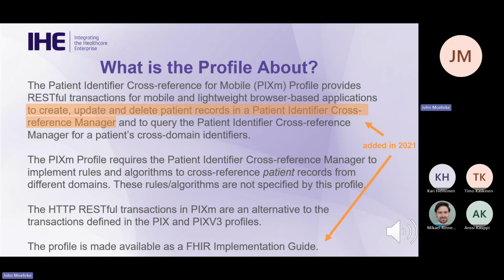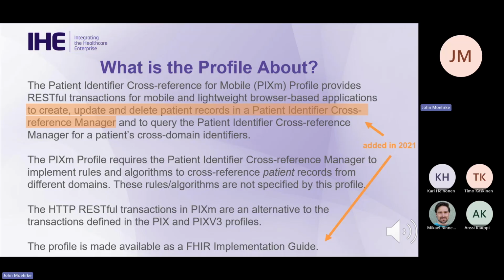PIX is different, almost counter to PDQ, in that in PIX the client only provides an identifier and the server only provides absolute matches to those identifiers. So in PIX, you are providing an identifier and getting back an identifier.